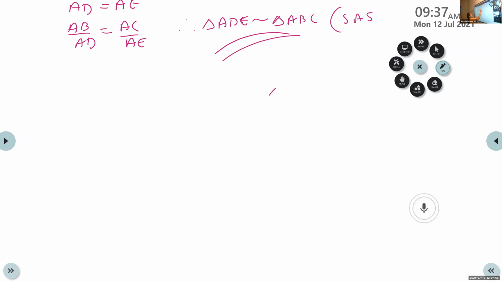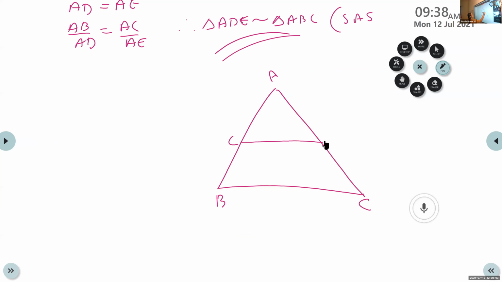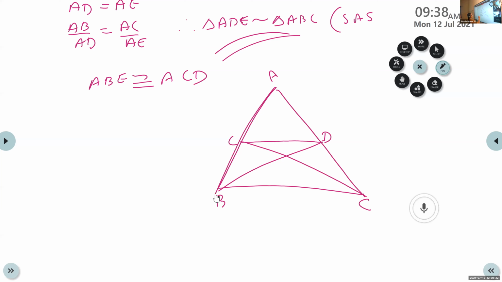Okay. You have a triangle ABC, and CD. Given that triangle ABE is congruent to ACD, AB, not C, DE, sorry.